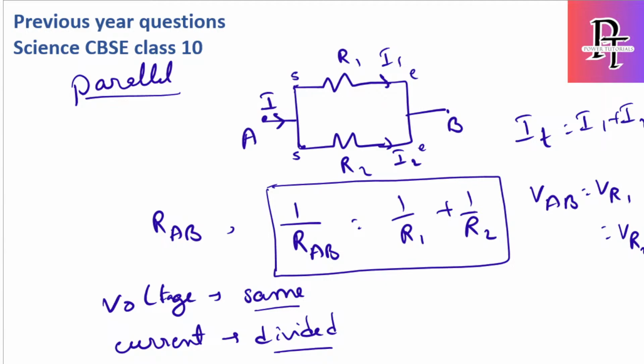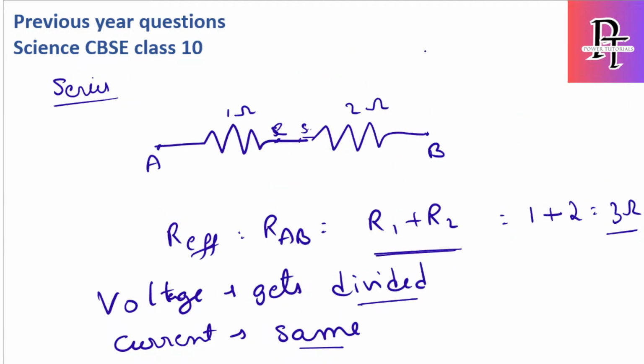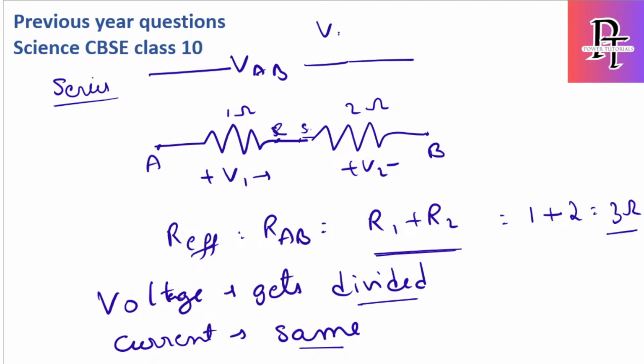Same way for series, if this is V1 and this is V2, then the total, that is VAB, will be the total voltage. So VAB will be equal to V1 plus V2, whereas what about current? IAB will be the same, because in series, as I told, the current will be the same.